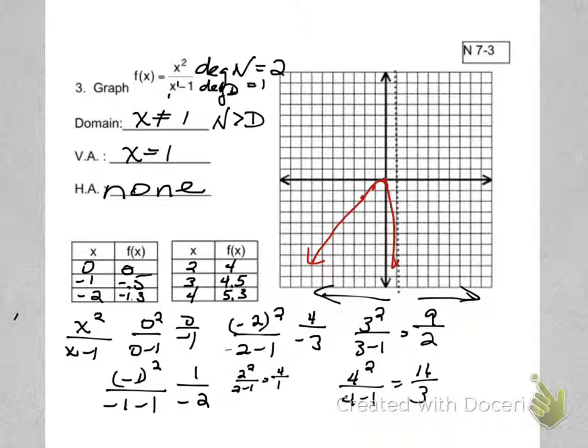Then we look at our other graph, and we have 2, 4, 3, 4.5, and 4, 5.3.